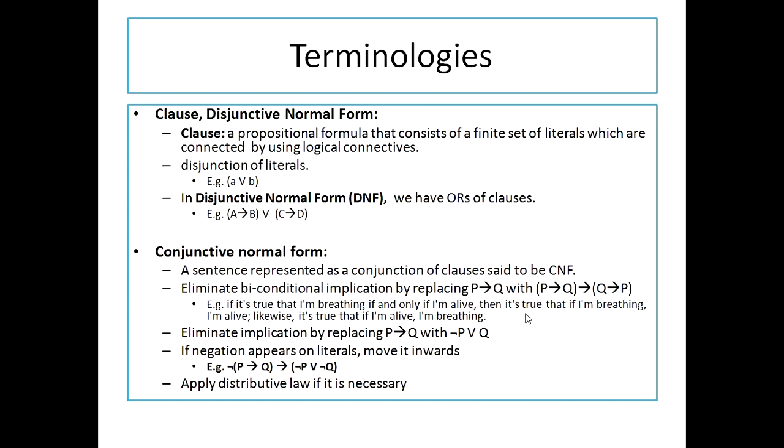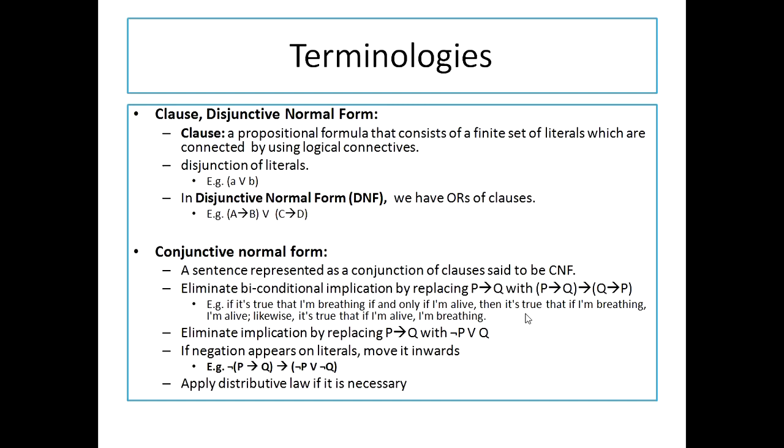We sometimes eliminate biconditional implication. For example, if you have a statement like if P then Q, which implies if Q then P, then we can generate if P then Q for this. So we can replace it with the extended formula like this, or we can reduce these by removing the conditional implications present in the statement.